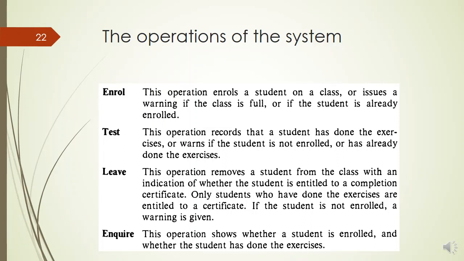The third operation, which is the leave operation, removes the student from the class with an indication of whether the student is entitled to a completion certificate. Only students who have done the exercises are entitled to a certificate. If the student is not enrolled, a warning is given. The fourth operation, inquire, shows whether a student is enrolled and whether the student has done the exercises.